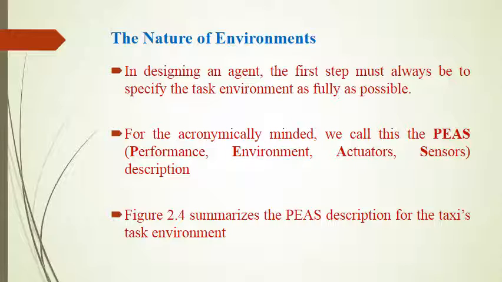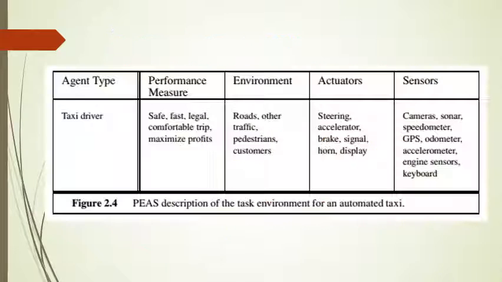In the next figure we will summarize the PEAS description for the example of a taxi task environment. In the taxi example, the agent type is the taxi driver.